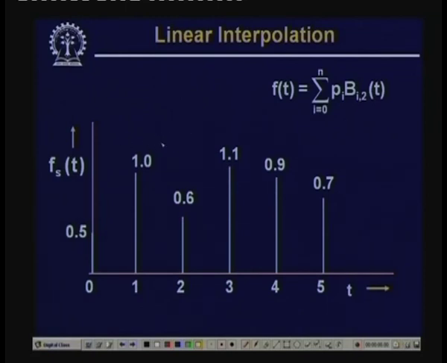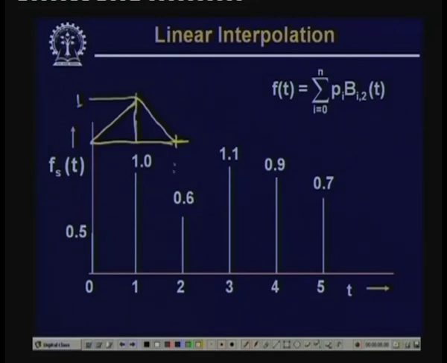So, if I plot b 0 2 t, b 0 2 t is a function like this, which increases linearly between 0 and 1. At 1, this reaches a value 1, and then again from t equal to 1 to t equal to 2, the value of b 0 2 t decreases linearly and it becomes 0 at t equal to 2.